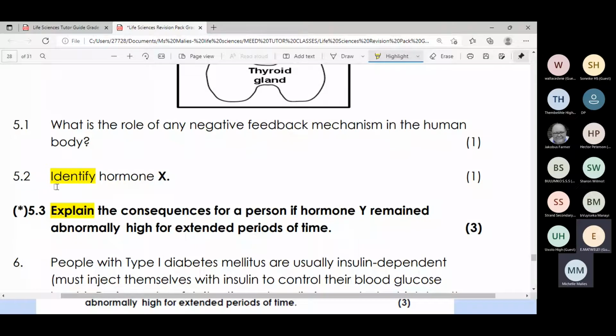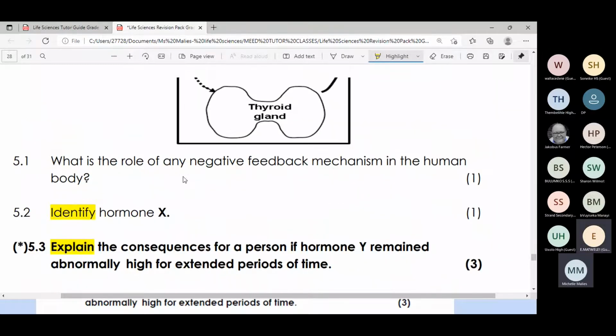Now remember, grade 12s, on page 24 in your booklet, all of these keywords are explained to you. What does it mean when we talk about identify and explain and how you should answer it? So identify hormone X, and if you have labeled your diagram before the time, then question 5.2 will be easy to answer.